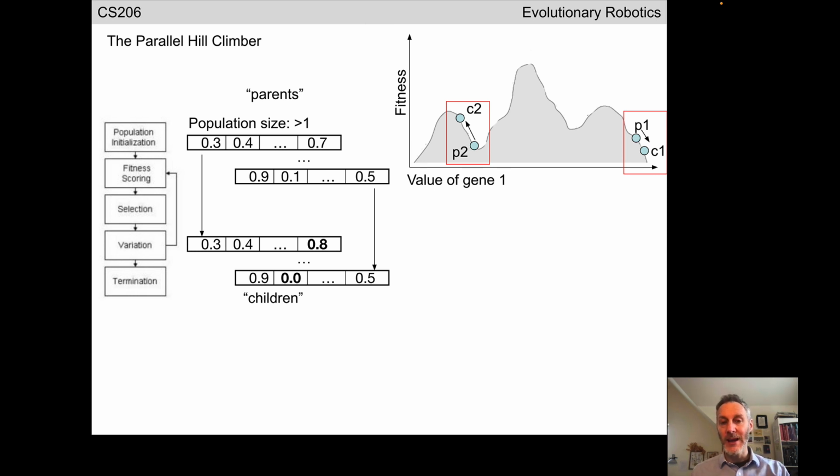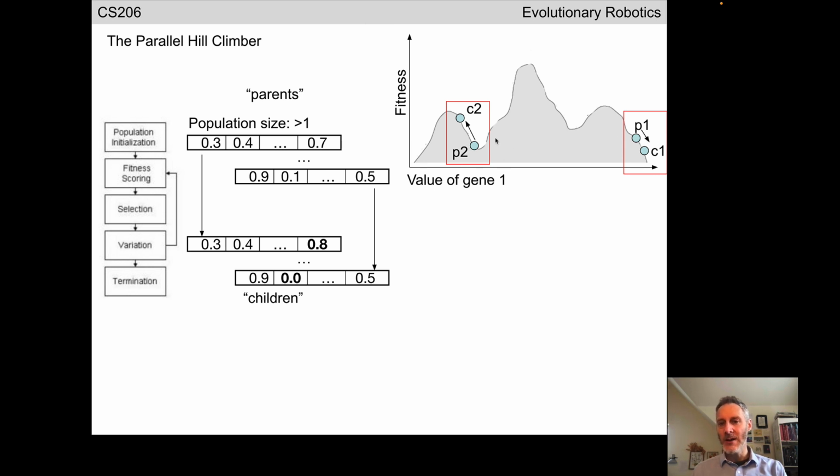This looks a little bit more like an evolutionary algorithm because now we actually have a population. At the beginning of this algorithm, we create a population of random vectors. We create a population of random genotypes. Let's say we have n parents. We have a population of n initially random solutions. In my cartoon example over here, we're going to set n equals 2.